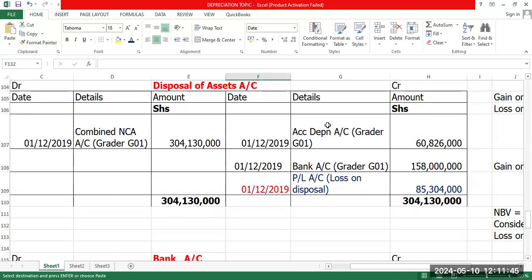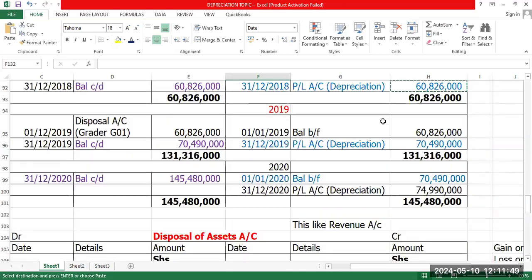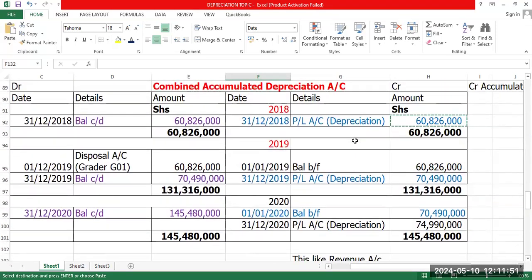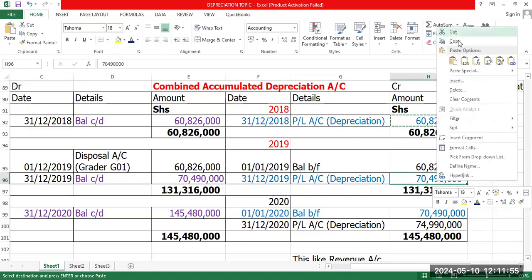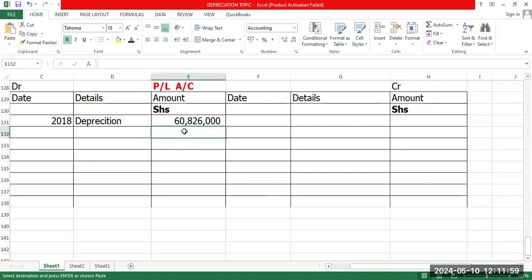Then you move on, don't balance off. Then proceed to the next year. The next year you have this. Copy the figure and put it here. This is also depreciation.